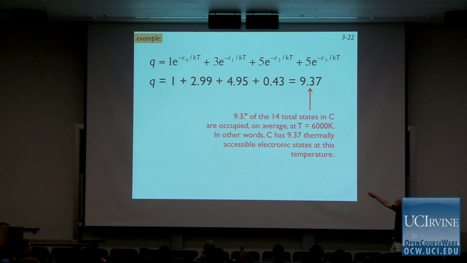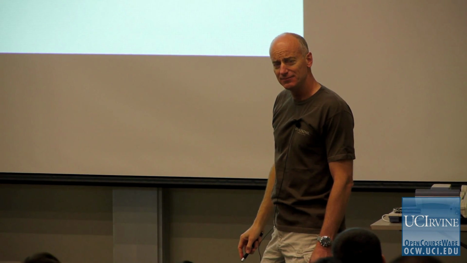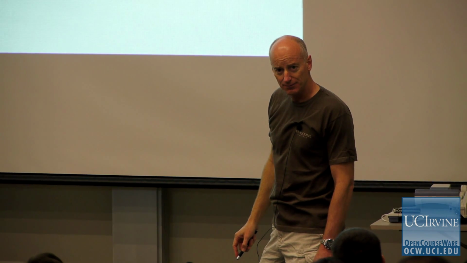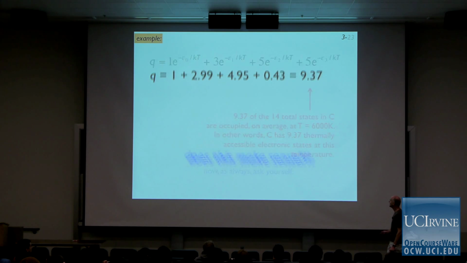Okay, so of the 14 total states, 5, 5, 3, and 1, 9.37 are thermally accessible at 6,000 degrees Kelvin? Sounds too small to me. 6,000 degrees is an enormous temperature, isn't it? So, as always, does this make sense?